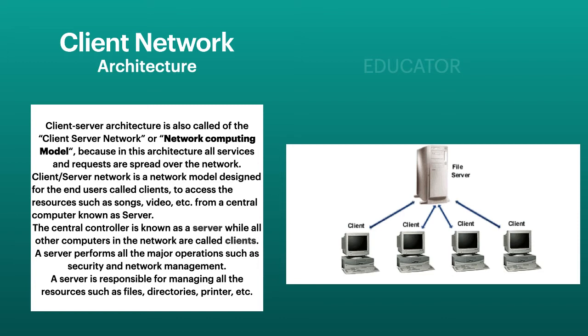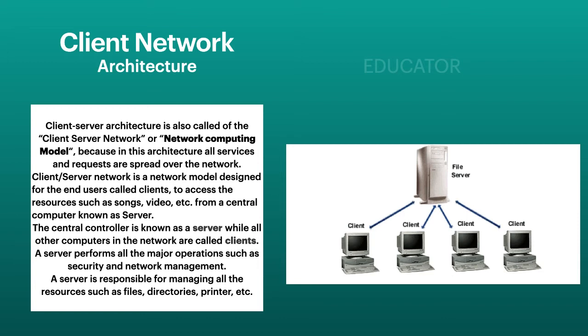That means you are requesting something, and once you submit that data to the server or request data, the server gives you a response, whether you are allowed to download or not, whether the registration form you filled in was accepted or not. That is a simple client-server system. The central controller is called a server, and multiple clients want something from the server.